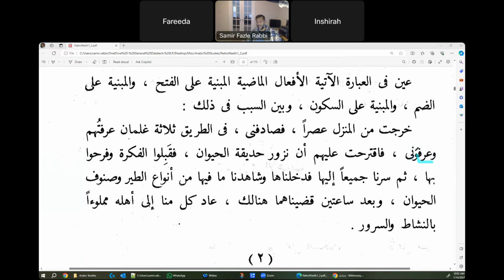But this verb right here, this is the only part of the verb. That's what they would consider the verb. This waw al-jama'ah is the fa'il. They. And this me is the maf'ul bihi.